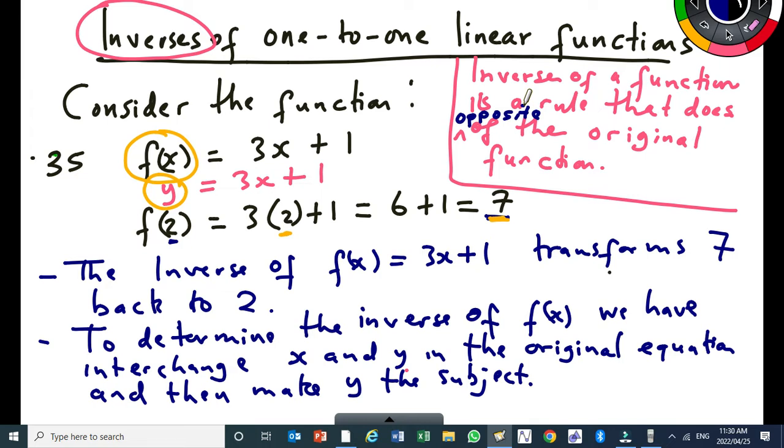Now, let's just do an illustration using a simple example. Now, consider the function f of x equal to 3x plus 1. Remember, you are in grade 12, so you have done functions.